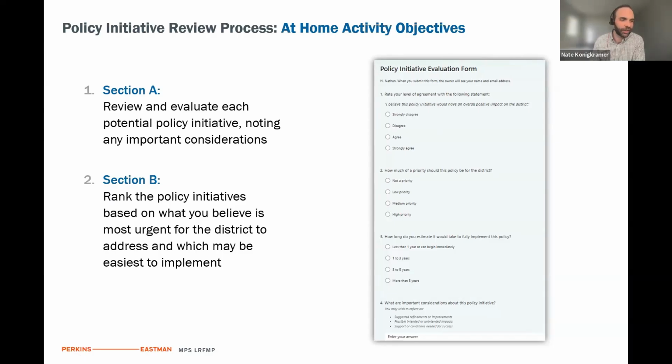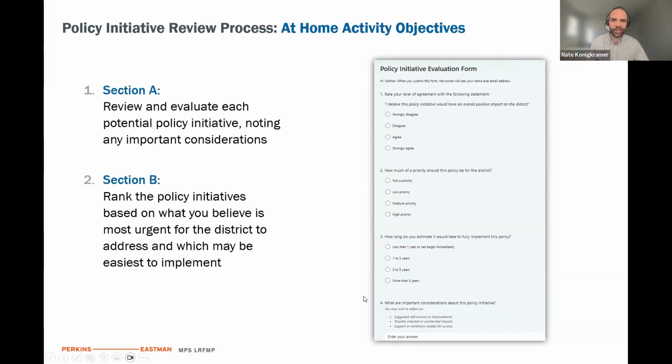Whether you agree or disagree, how much of a priority the policy initiative should be for the district, how long you estimate it might take to implement, and then other important considerations: improvements, refinements, conditions that are necessary for it to succeed, unintended or intended impacts, outcomes, and consequences. Basically, you would read through each policy summary and perform this evaluation.